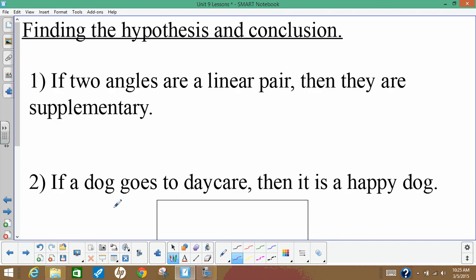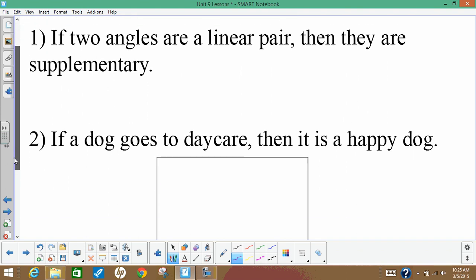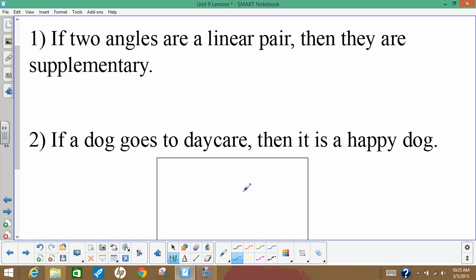So it's important to be able to find the hypothesis and the conclusion to be able to determine the difference between those. So let's do that now. We're going to underline the hypothesis and circle the conclusion. So the hypothesis is the stuff that comes after the word if and before the word then. So the hypothesis of this statement is two angles are a linear pair.